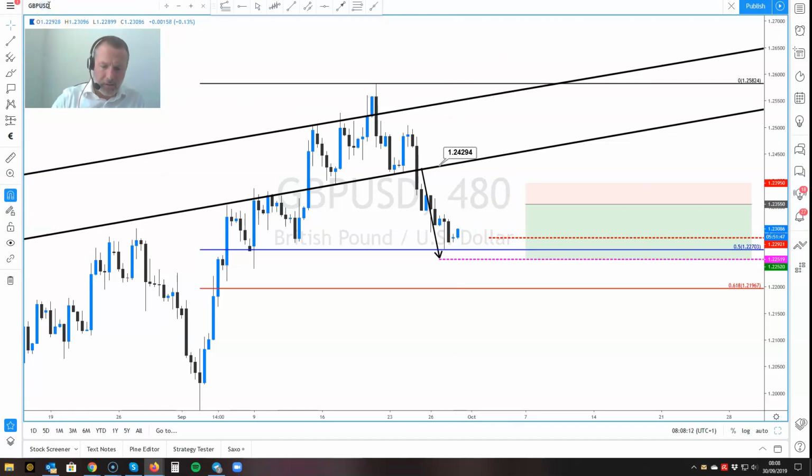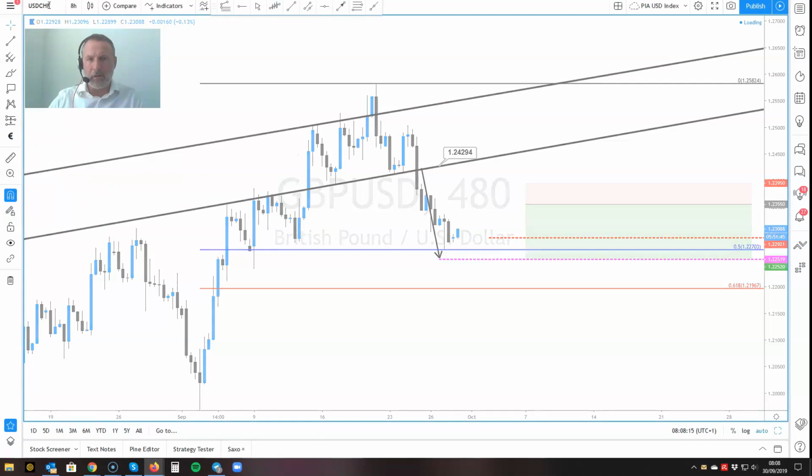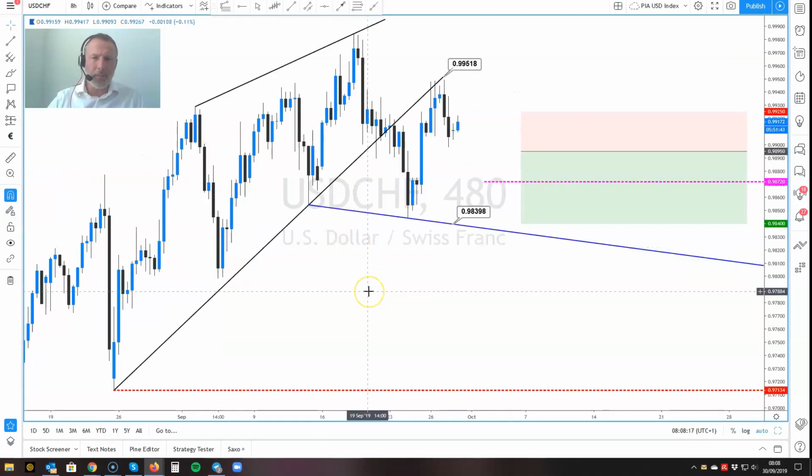So next currency pair, dollar Swiss. Pretty mixed bag here. We've got a breakout of a wedge formation. We've had a retest of that breakout, but we've got some support levels down here. We've got 98.72, and then we've also got 98.50 and then 98.40.